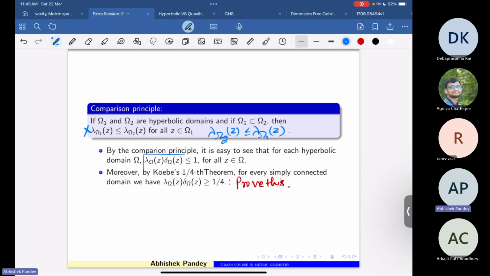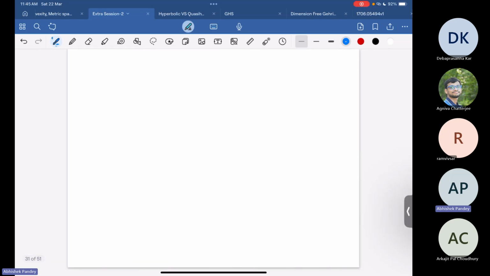We'll first see the proof of this one. Let us write it down as a proposition.